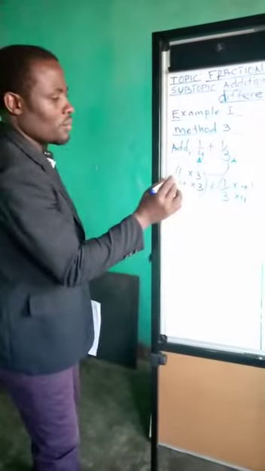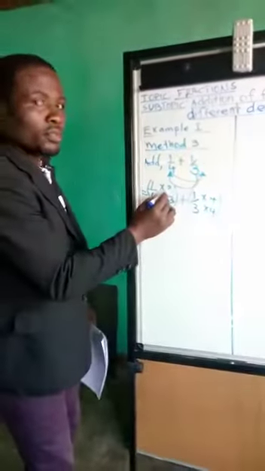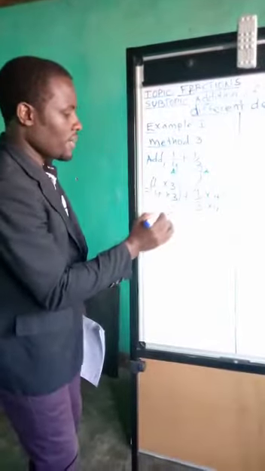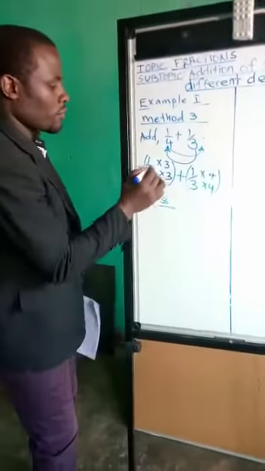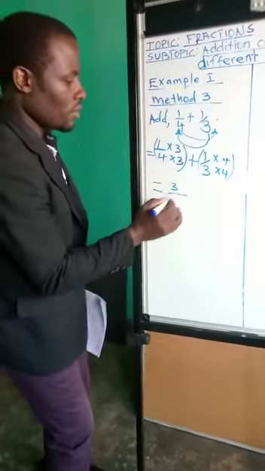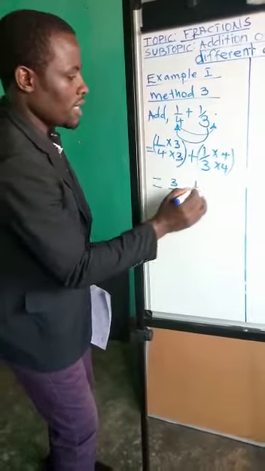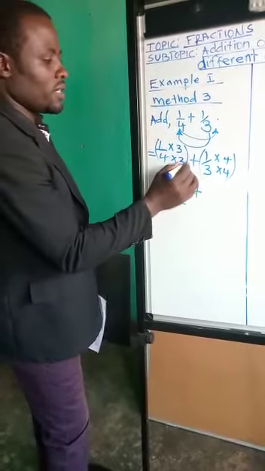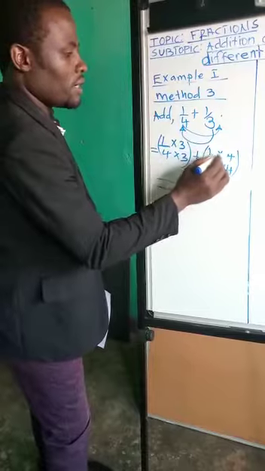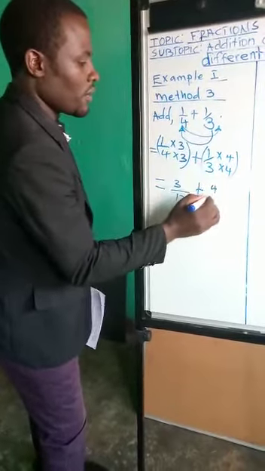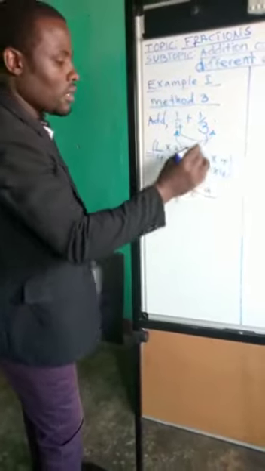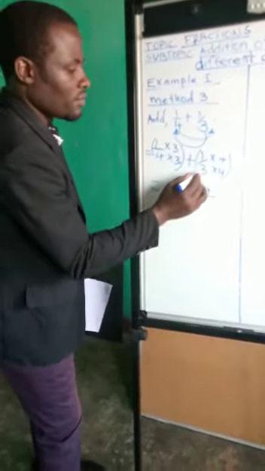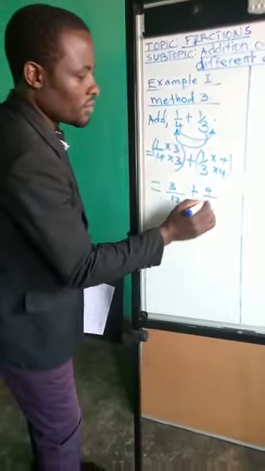We multiply the numerators: 1 times 3 gives us 3, out of 3 times 4 which is 12. Maintain our sign of operation, addition. 1 times 4, we get 4, out of the denominator 3 times 4, which is 12.